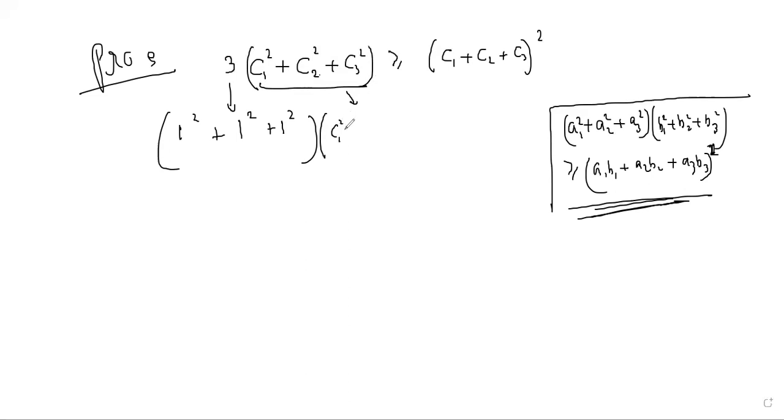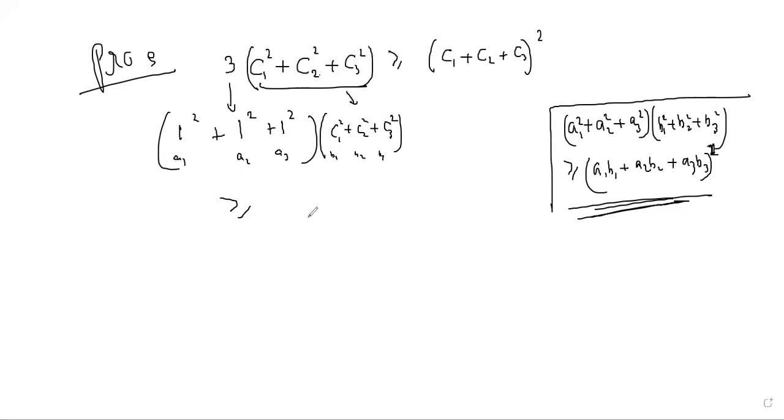You don't have to do anything. This is your B1 square, B2 square, and B3 square. So this becomes your A1, this becomes your A2, and this becomes your A3. Just comparing it, and this is your B1, B2, B3.